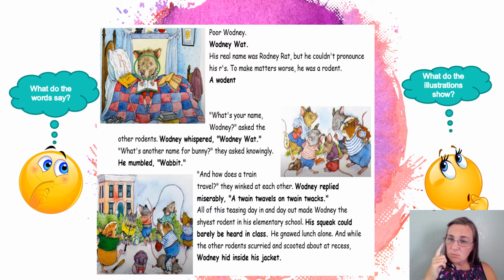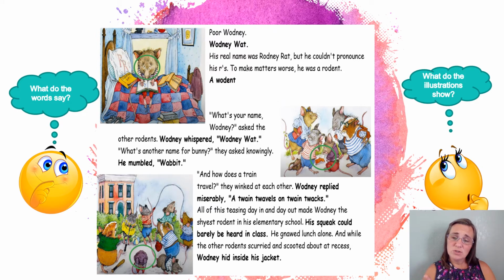Okay, that's giving me some more information about Rodney. Let's look at the next illustration. In this illustration, Rodney's looking down again. He's not looking at his friends or the other kids in his class. And in the final illustration, I noticed that his jacket is up over his head and his hands are on his face. So that's giving me some information about Rodney.